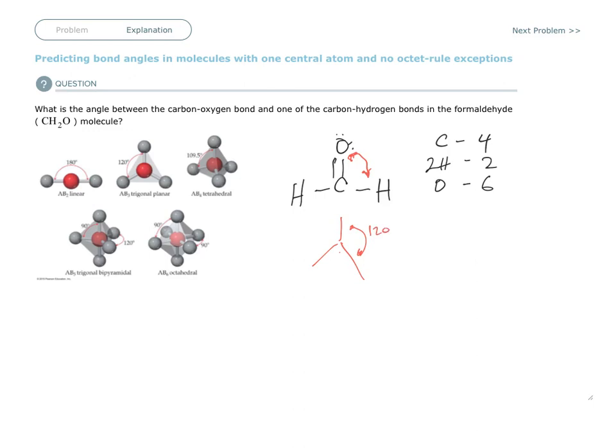And that's what you'll say. It'll be 120 degrees, and that's how you find out. I have no trouble with you looking it up in the book and finding out what these bond angles are, but you still have to be able to figure it out, and that's why it's hard.